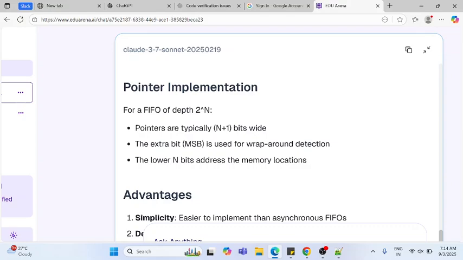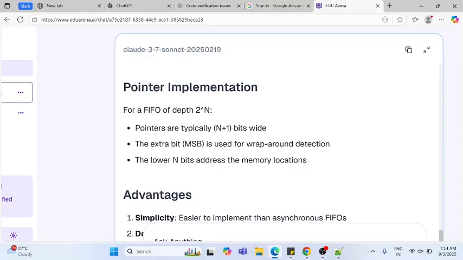This is important. If you are going to write data in n locations, then the pointer size is going to be n plus 1. There is a purpose for this, because we are going to control the read pointer and write pointer statuses based on these n plus 1 bits. So if the FIFO depth is 16, then the pointer should be 17.